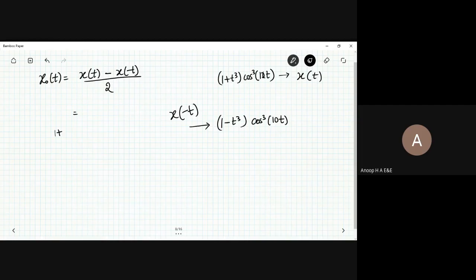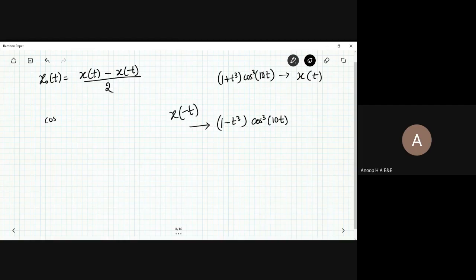So 1 plus t cube times cos cube 10t is x of t, minus x of minus t, which is 1 minus t cube times cos cube 10t. It is better for you to understand if I multiply it inside.